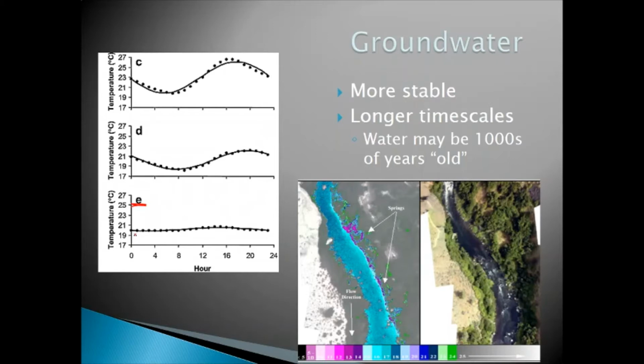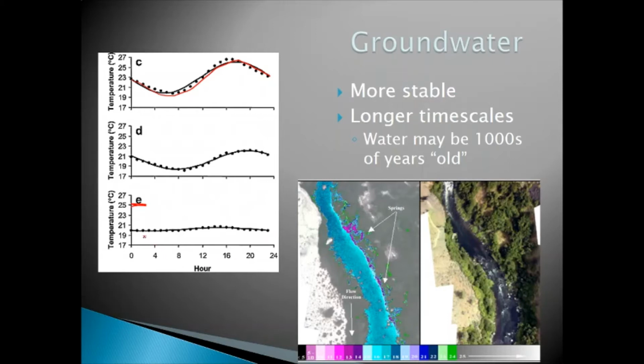Because we know that, let's say it's a warm summer day, the water, if it's all coming from precipitation, will cool off during the nighttime, and then it warms up during the day, and then it starts cooling off at night again, right? That's because the precipitation that's flowing into the river is running over the land and getting heated up or cooled off by the day and the night.